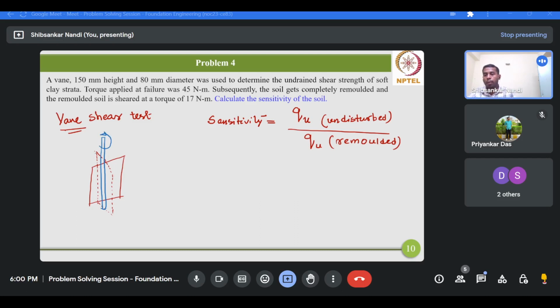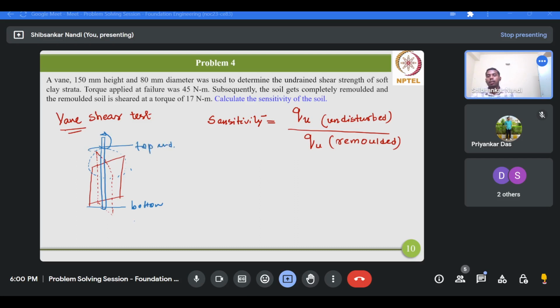Now what will happen? It will basically form something cylindrical in shape in the soil, in the field. Okay, so it will try to deform the soil. So failure will happen at the periphery of this blade and along the ends. Okay, so this is the bottom end and this is the top.